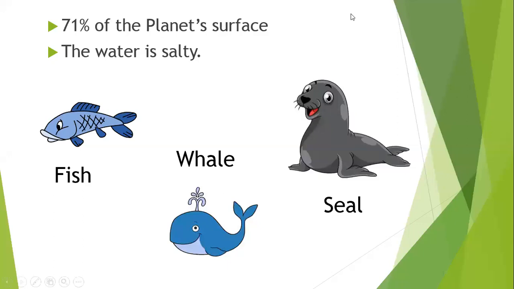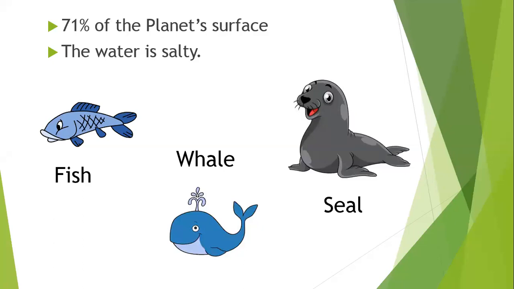So the first thing to remember or to learn about the ocean is that it covers 71% of the planet's surface. Okay, there are a lot of seas and oceans around the world. Okay, and all of them considered together cover 71% of the surface. Now, the water in an ocean is salty.